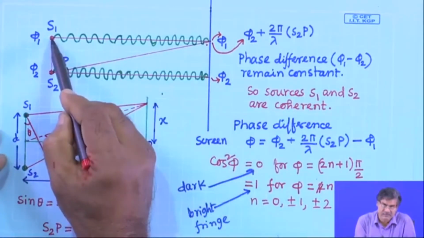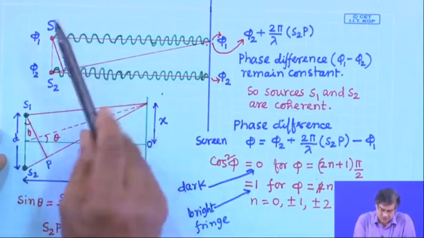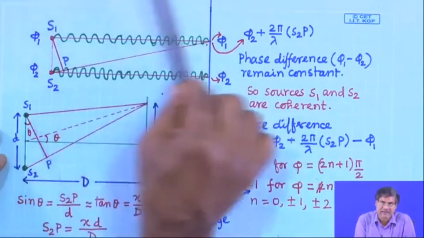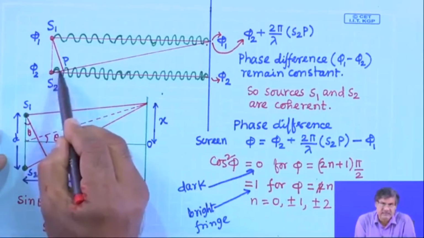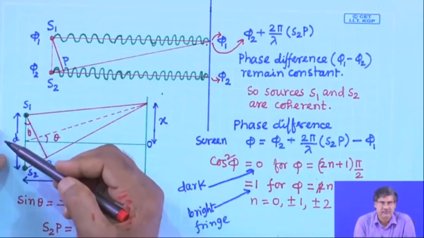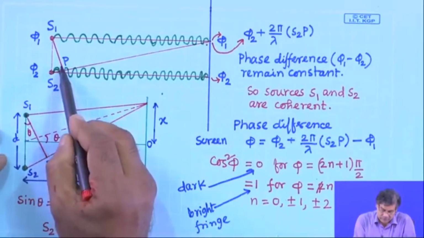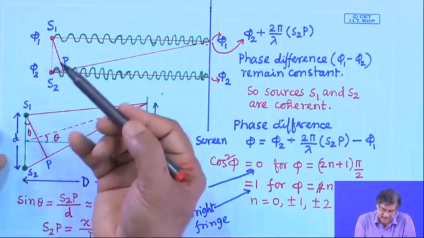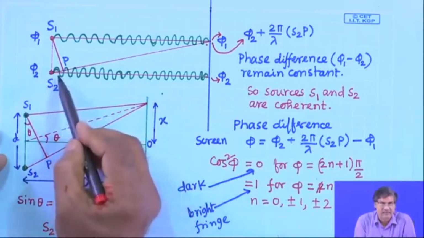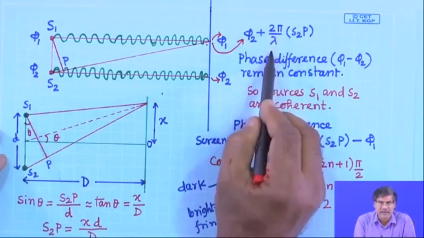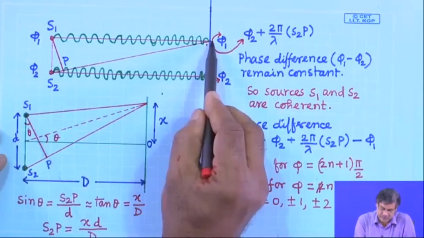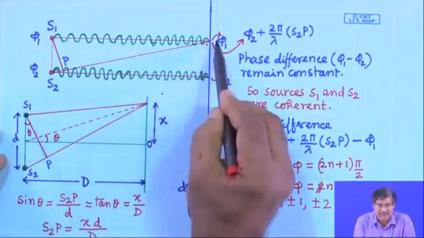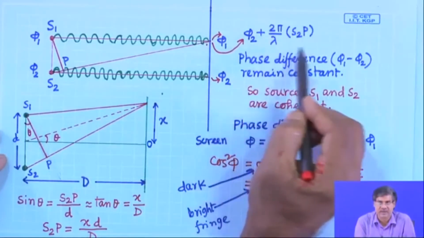If you draw a normal on it, on this side their paths are the same, but here S to P will be the additional path in this wave. So the phase for this path will be 2 pi by lambda into this path. When it reaches here, whatever phi 2 is there, due to the additional path this term will be added.